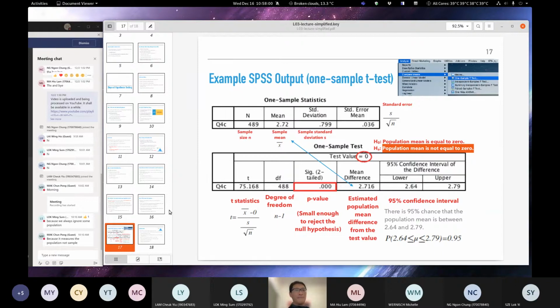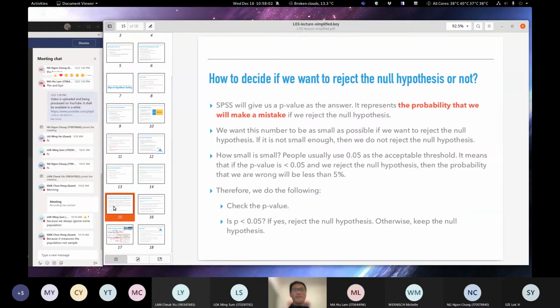The reason comes back to here. Whether you reject the null hypothesis or not depends on the p-value, and you compare the p-value with the 5% acceptable threshold. But the problem is that not everyone is using 5% as the reference.